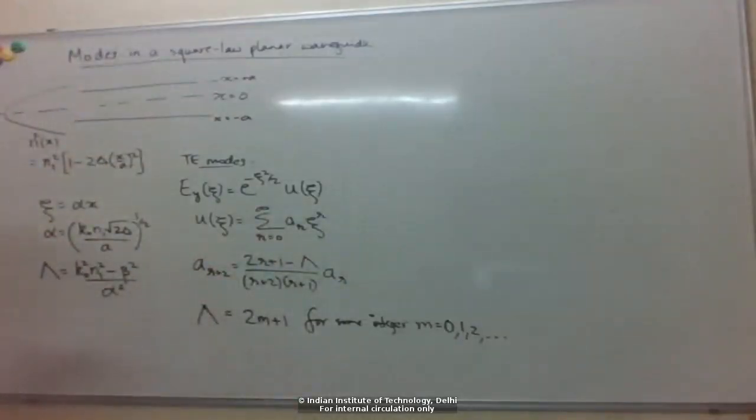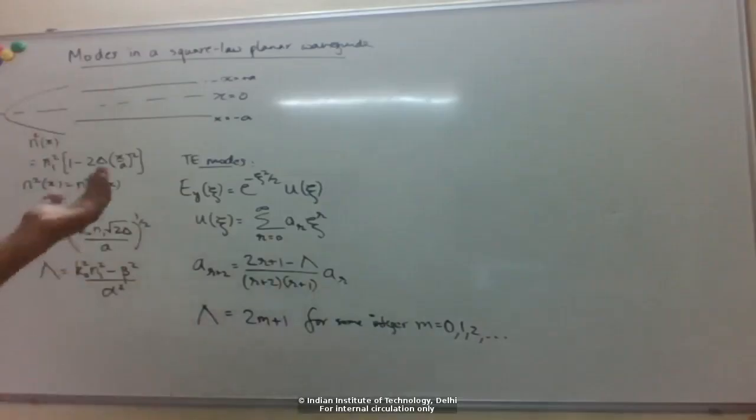Another thing to note is that this profile is symmetric about x equal to 0, so n square of x is equal to n square of minus x. We discussed previously that for such a symmetric profile, we can classify the solutions into even and odd, symmetric and anti-symmetric. We can do the same thing here.